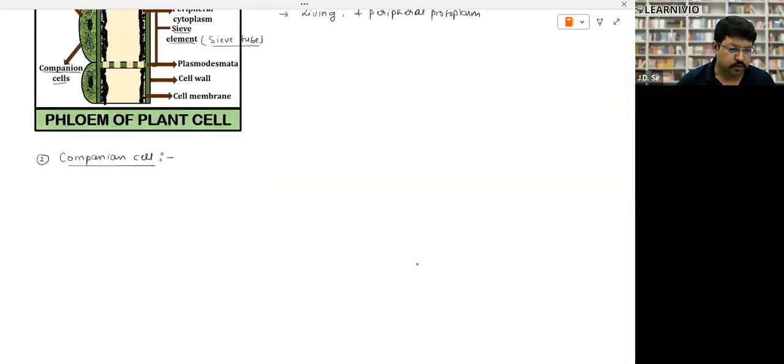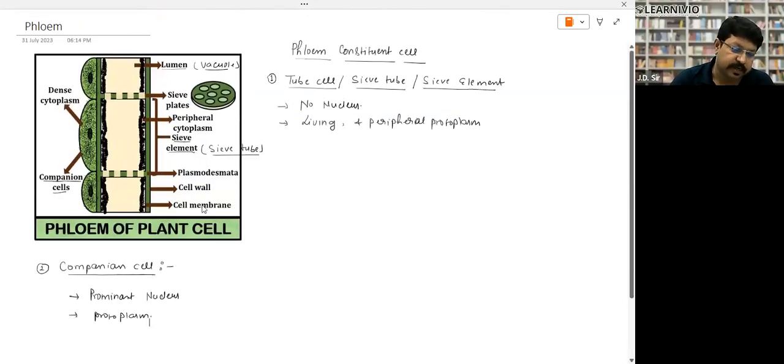You can see, they have a prominent nucleus. Protoplasm is present. And they control the functionality of this one. So that's how they help the sieve tube element, right?